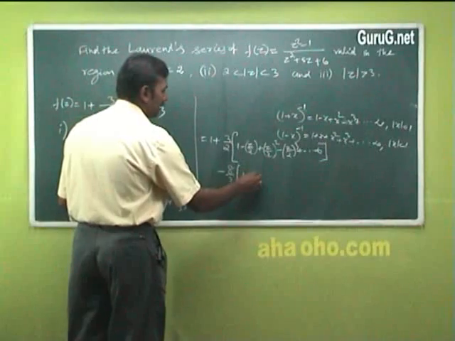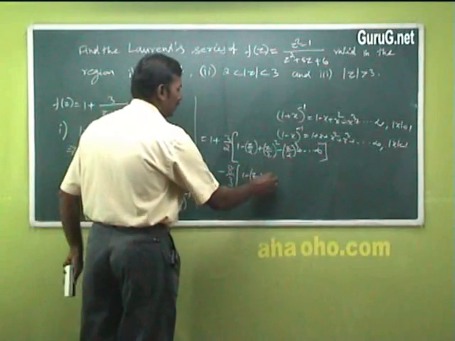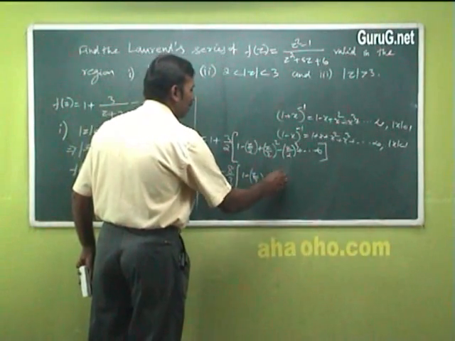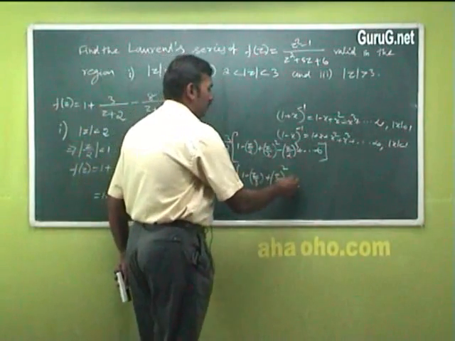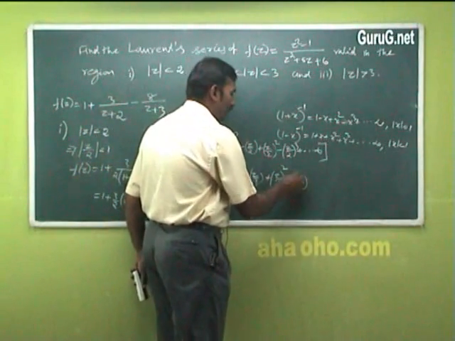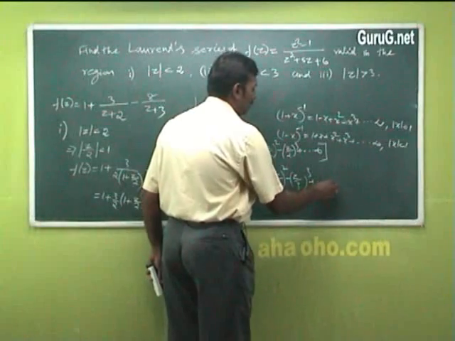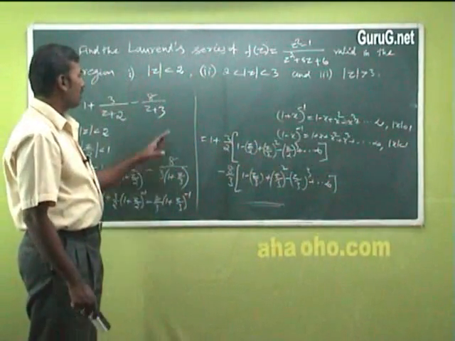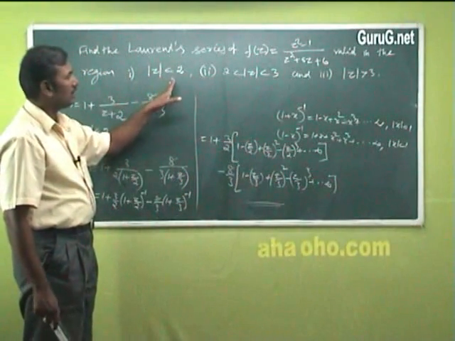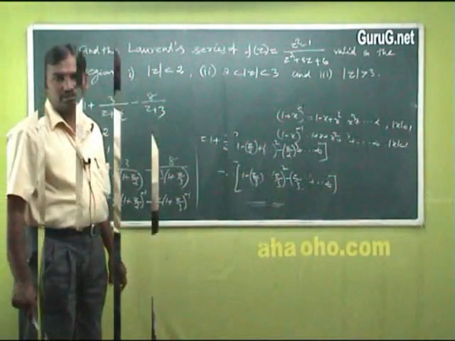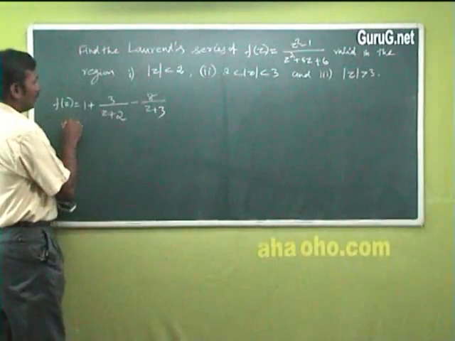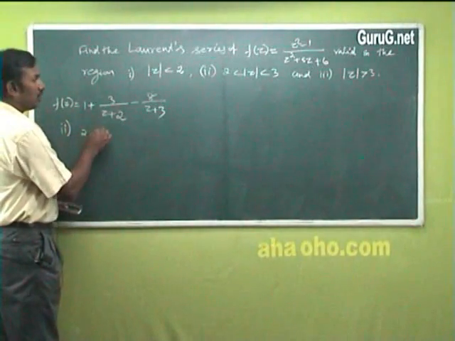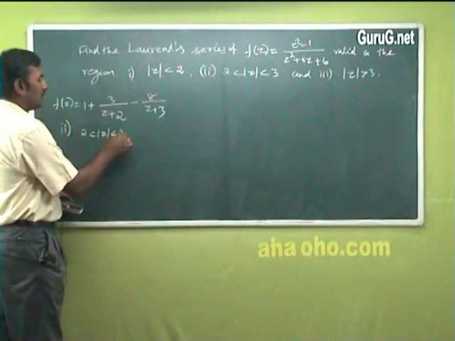So 1 minus z by 3 plus z by 3 the whole square minus z by 3 the whole cube plus etc. to infinity. This is nothing but what? The Laurent series about the region modulus of z is less than 2. Clear? So second region, what is given, 2 less than modulus of z less than 3.